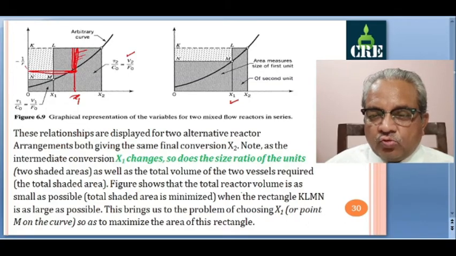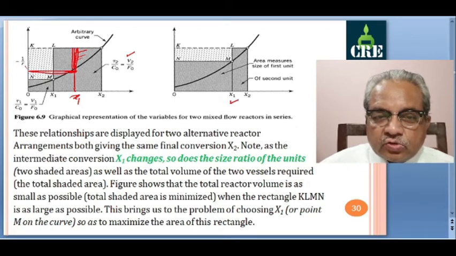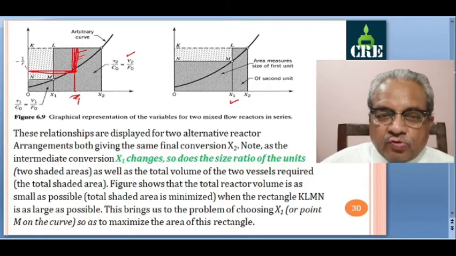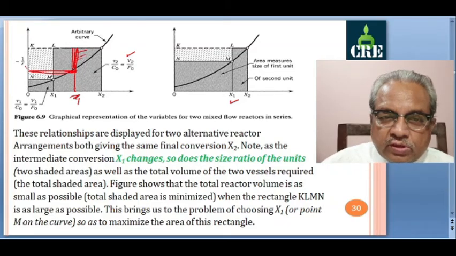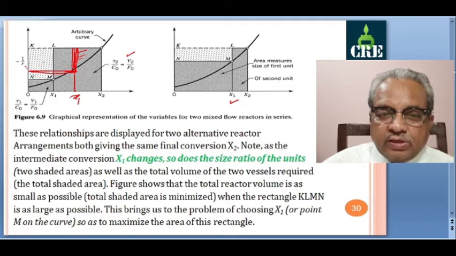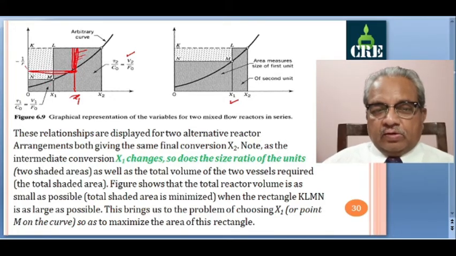The figure shows that the total reactor volume should be as small as possible. That is, this total of shaded area is to be minimized. So if you consider this and this rectangle, and if you construct this complete rectangle, then this remaining rectangle is formed. Now you can see logically, if this volume is to be minimized, that means you should maximize this rectangle.